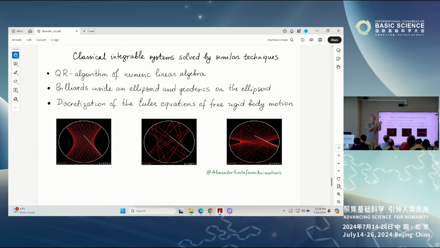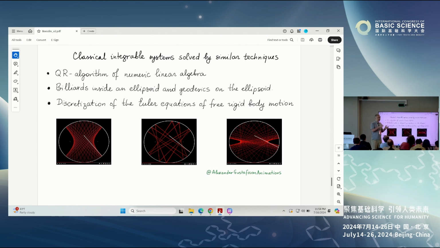So this type of refactorization is actually all over math. There are three places, much more important than what I talked about, where a similar type of dynamics shows up. The first one is the QR algorithm of finding eigenvalues of a matrix. It's run by computers billions of times, probably every day.